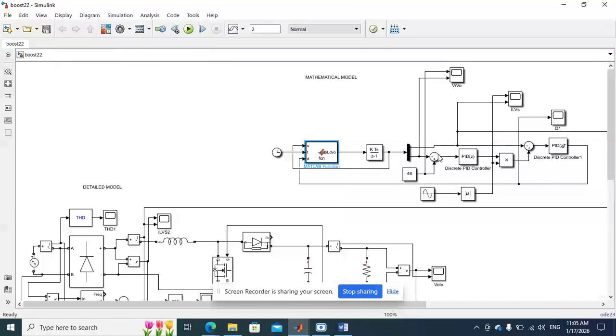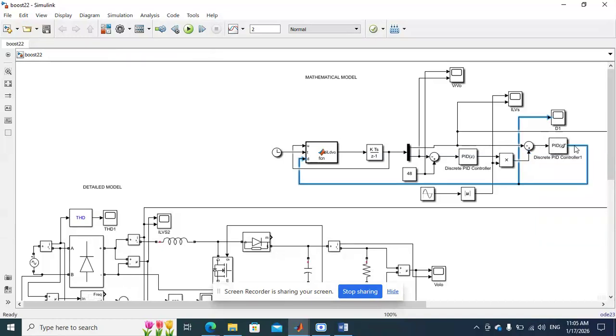And that output is given to the controller. Here 48 volt is the reference that is compared with the measured voltage, and the error is given to the PID controller. From that, a current signal is generated. That current signal is multiplied with the sinusoidal waveform to get the reference current, and that will be compared with the inductor current, and the error is given to the PID controller.